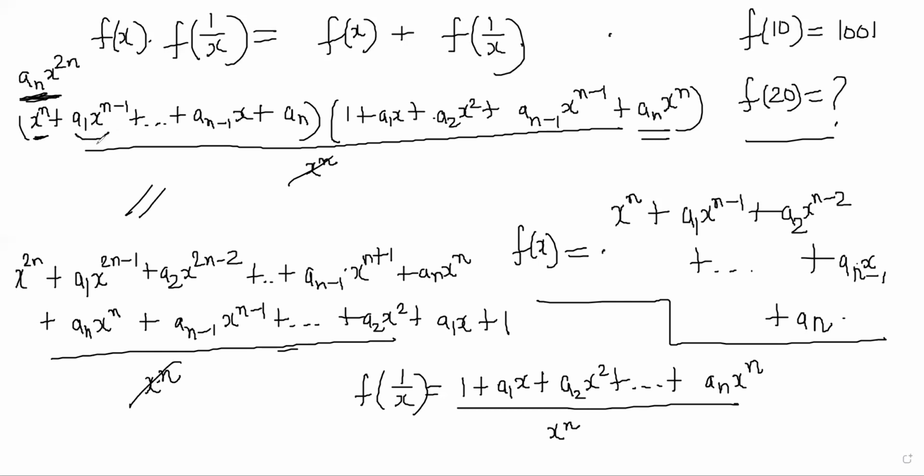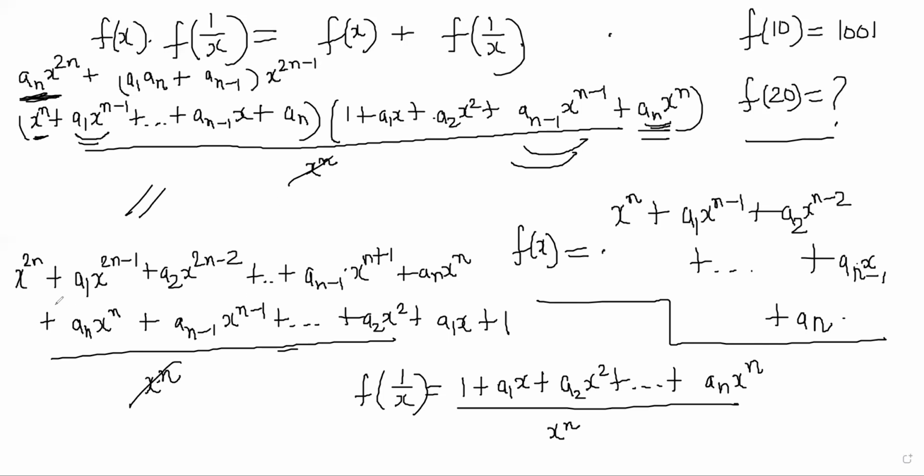I have to multiply this with the n power here and this with the n minus 1 power here. So you should get a1 an plus a(n-1) into 1, for x^(2n-1).